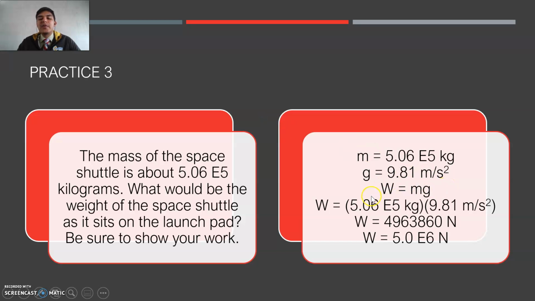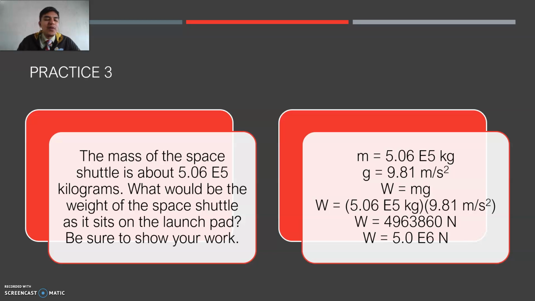Here we have a formula to find the weight of the shuttle when it is on Earth. So we are going to substitute our mass for 5.0685 kilograms, and of course the value of gravity for 9.81 meters per second squared. After we multiply, as a result, we are going to get 4,963,860 newtons.